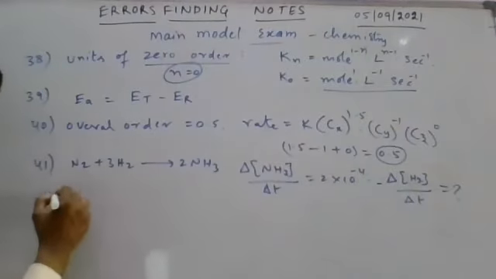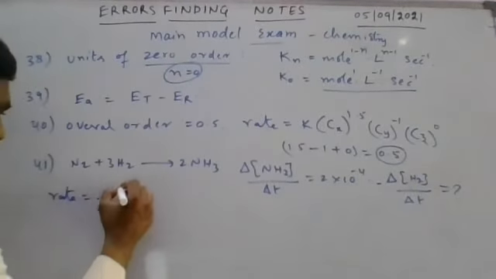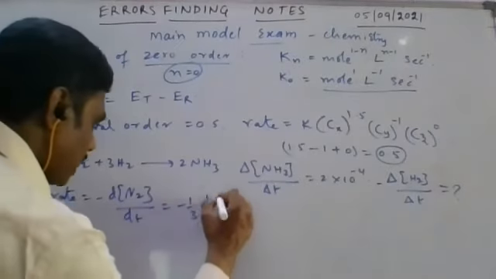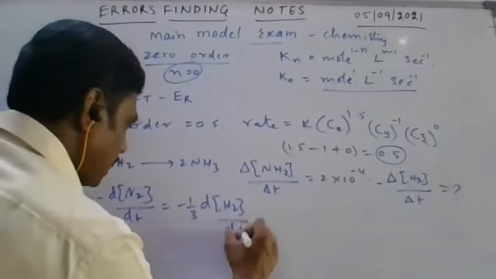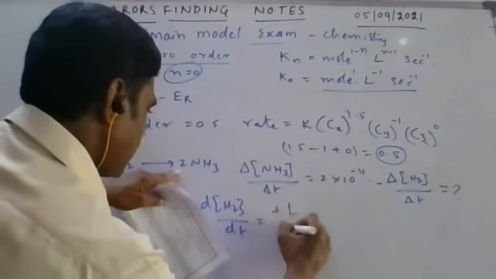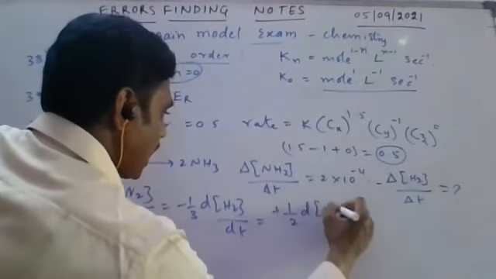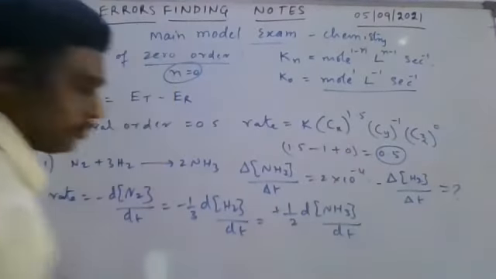First, write down the rate expression for this. Rate is equal to minus d of N2 by dt, is equal to minus 1 by 3 d of H2 by dt, is equal to plus 1 by 2 d of NH3 by dt.